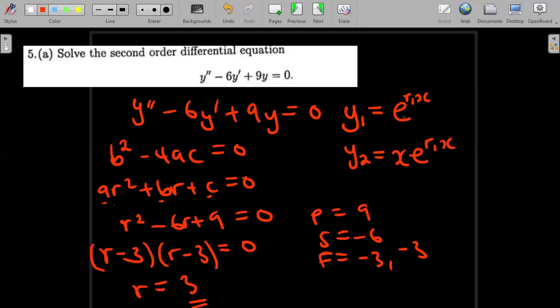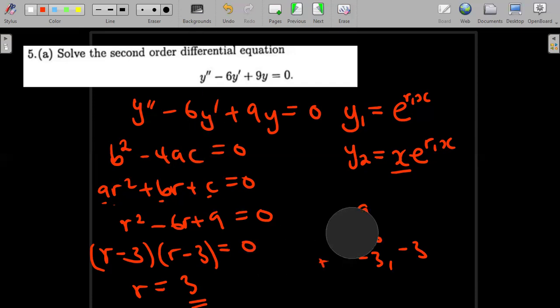So r1, or just r in this case, because there's only one. In a case where these were not equal, this x here would not be there. So you just have y1 equal to e raised to r1 x, and y2 equal to e to the power r2 x in that case, because they would be different. But if they are the same, you have to write it like this.